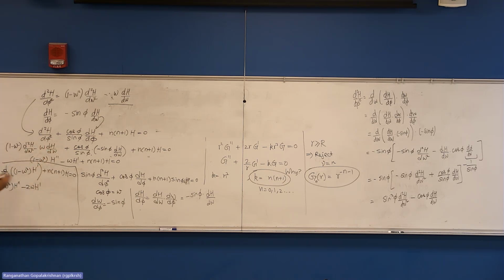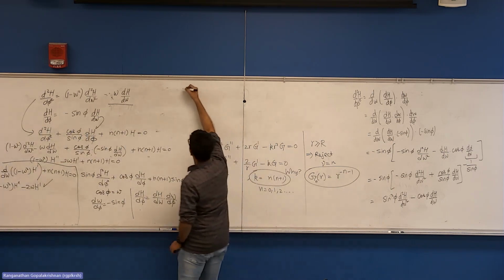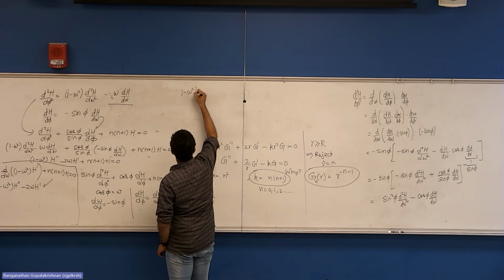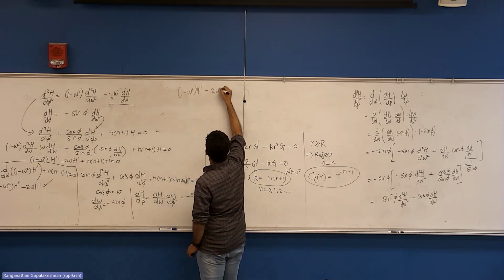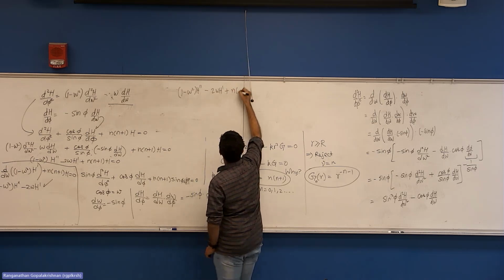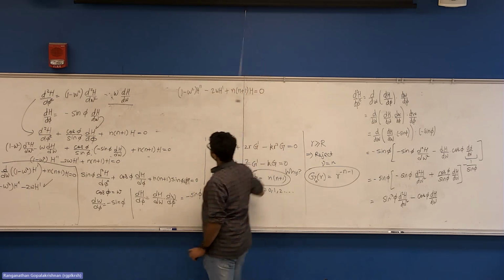So now this comes to minus 2, which checks with this. So after all this, we have 1 minus w squared times h double prime minus 2w h prime plus n times n plus 1 times h equal to 0.